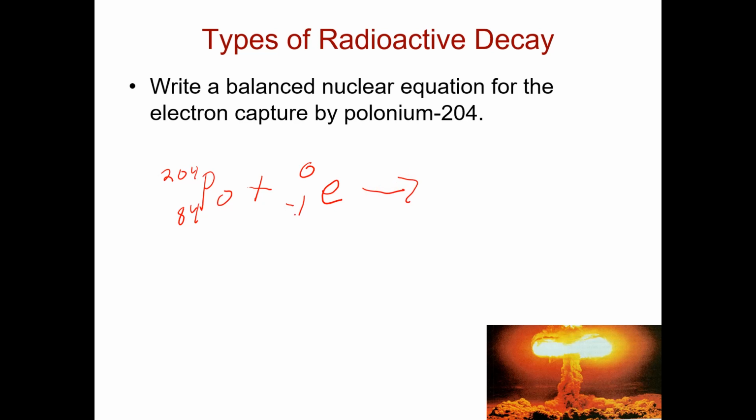So 84 plus a negative 1 will give us 83. And the mass number is still going to be 204 since the electron's mass is negligible. And if we look on the periodic table, the element that has an atomic number of 83 is bismuth.